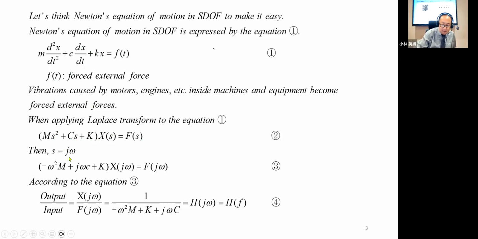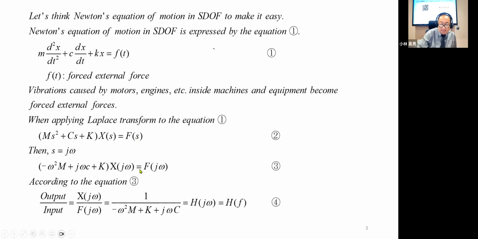Then jω is substituted for s to do frequency analysis. Then formula 2 becomes this one by this substitution.